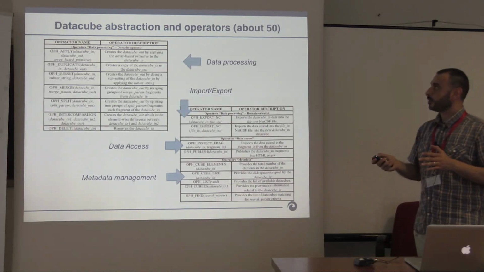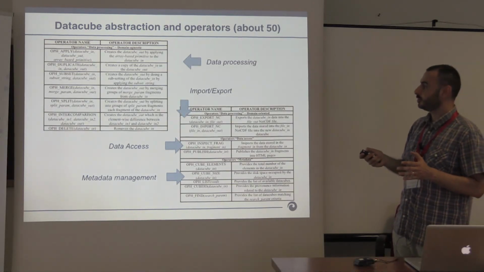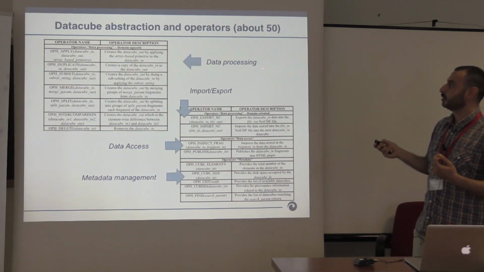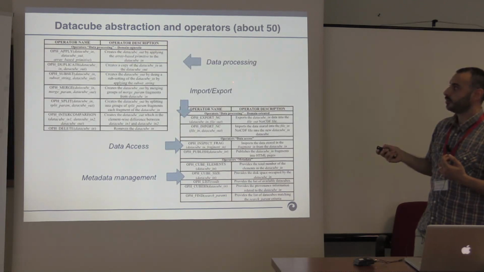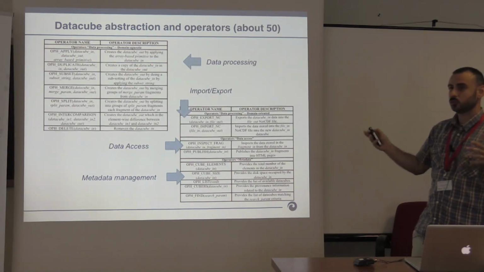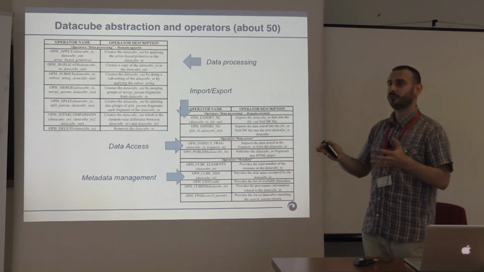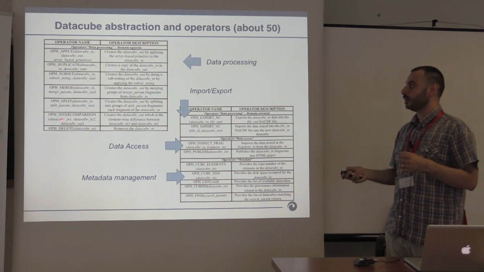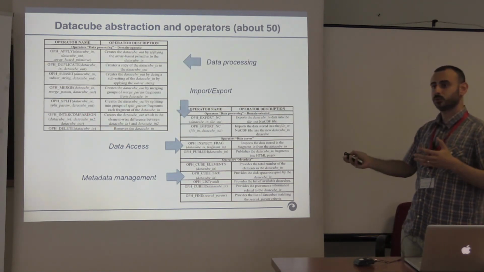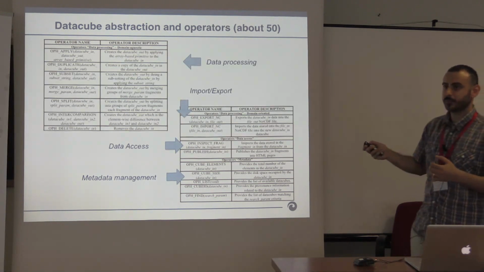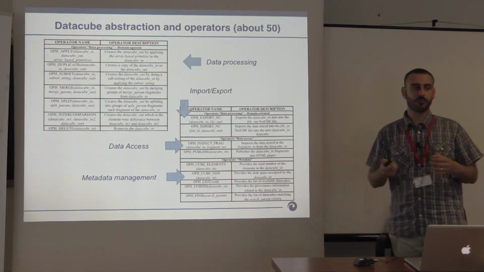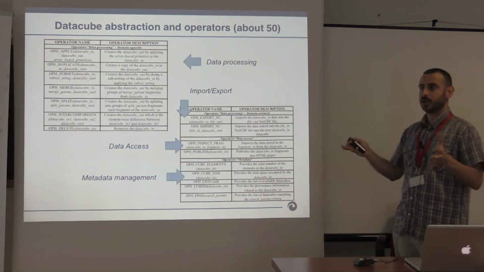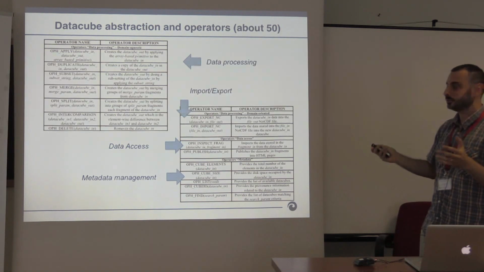We developed more or less 50 operators in order to perform different kinds of operations concerning data processing, for example, to duplicate a cube, to subset a cube starting from indexes or some values, to have an intercomparison between two cubes, to reduce some cubes into another. For example, if we want to aggregate values from days to months, or from months to years, and so on.